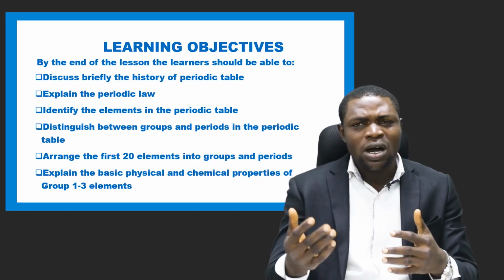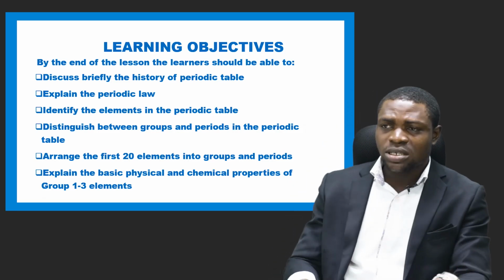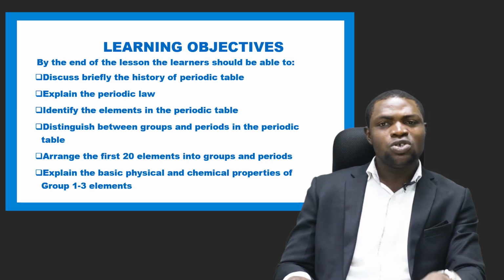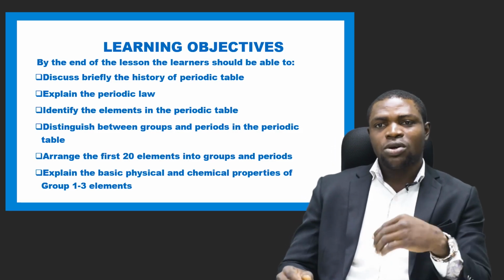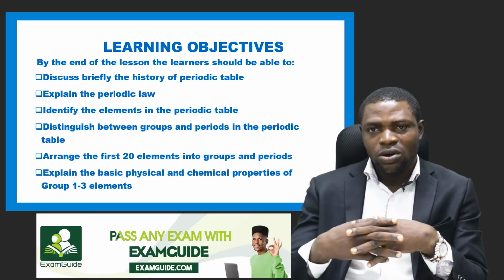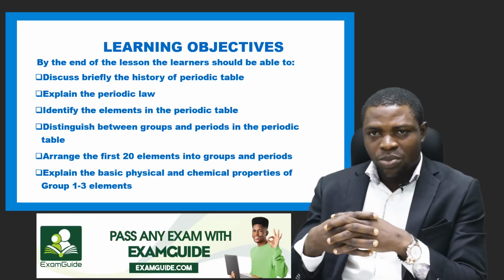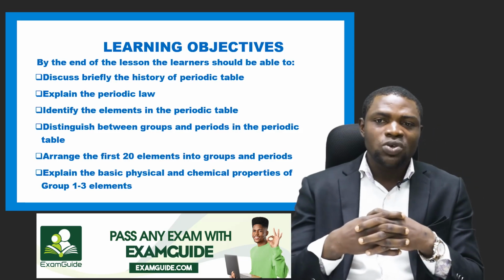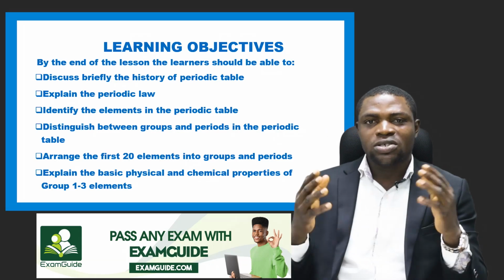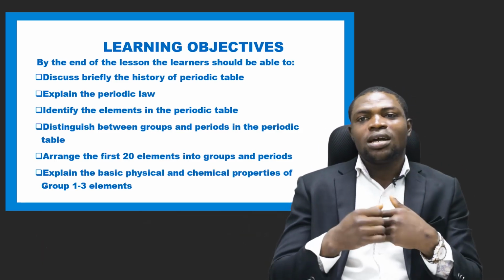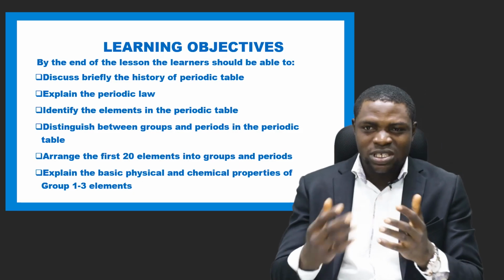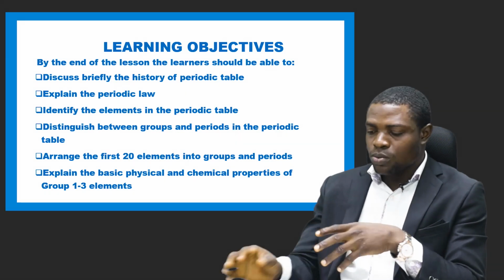Before you begin to talk about their chemical properties, their physical properties, you need to be able to arrange them. The ability to arrange them will give you a foresight of what their chemical properties or physical properties are going to be. And then at the end, you should be able to explain the basic physical and chemical properties of these elements, because in chemistry, we are very concerned with the chemical reactivity of every known element.